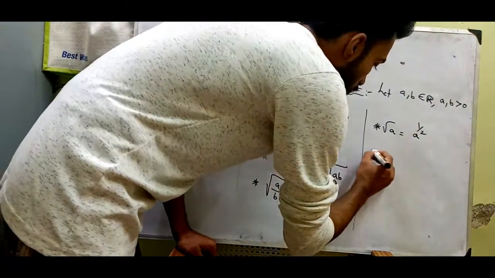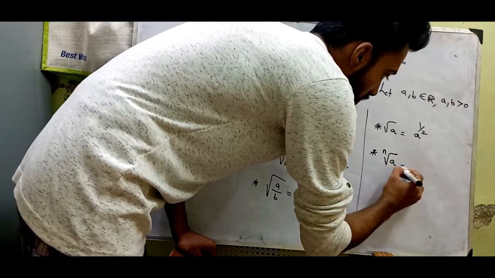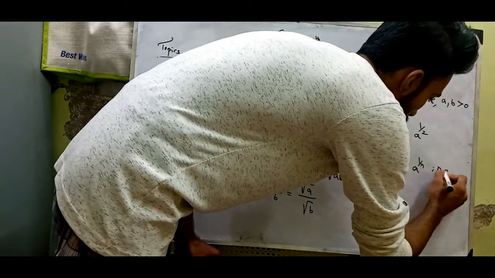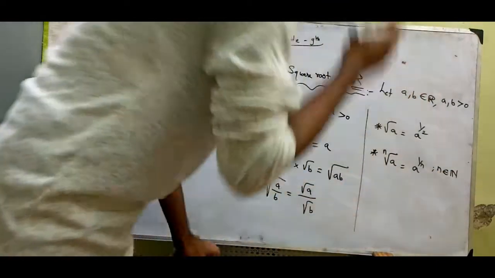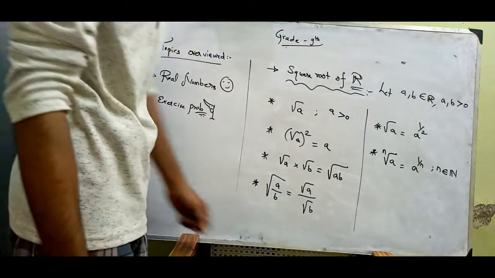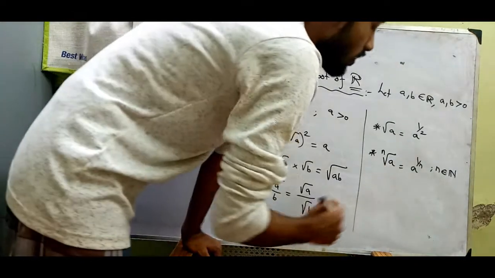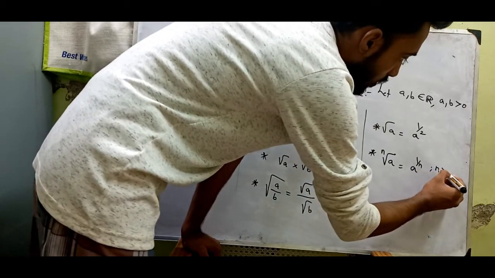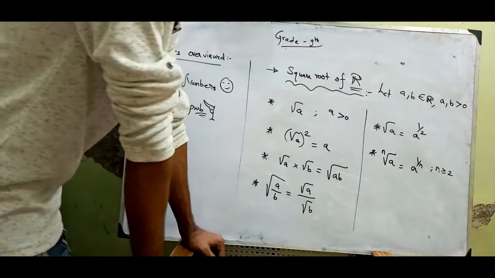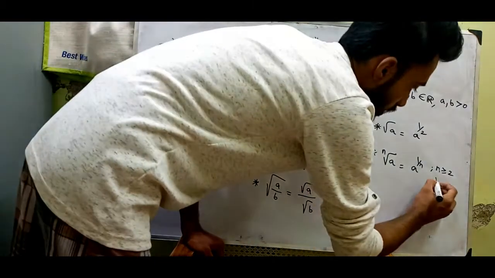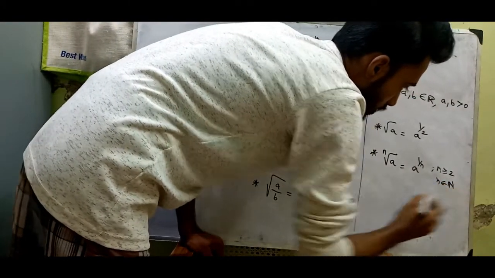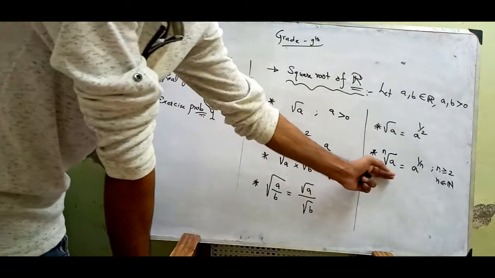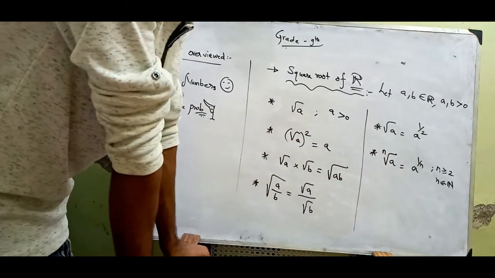Also we have the nth root of A, where n belongs to the natural numbers and n is greater than or equal to 2. In this way we define the nth root of A.